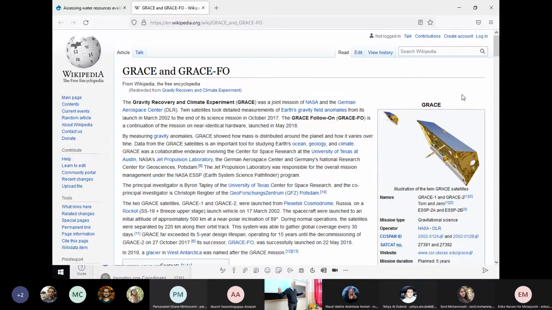For big aquifers, you need a good extension, because the pixel of the gravity measurement in the past was 25 kilometers. Now it's 10. But with 25, if you have an aquifer with a more limited extension, you don't get it. And also, besides the size of the pixel, in order to see a change in gravity, you need to see a huge change in mass density. And therefore, a small aquifer wouldn't make a big change.